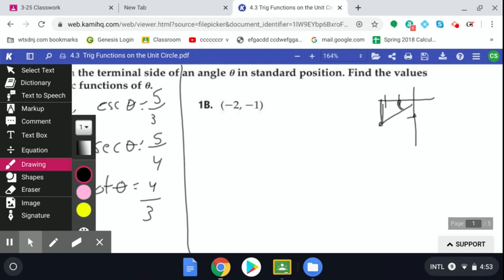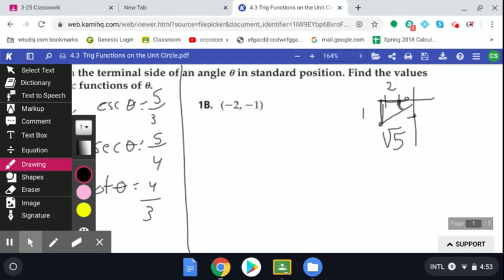Now, there are different ways to do this, but I usually just look at the distance. So I don't take into consideration the sign until the end. So this side length here is 2, and this is 1. And then you can just use Pythagorean theorem, and you can easily see this is going to be square root of 2 squared plus 1 squared, which is just square root of 5.